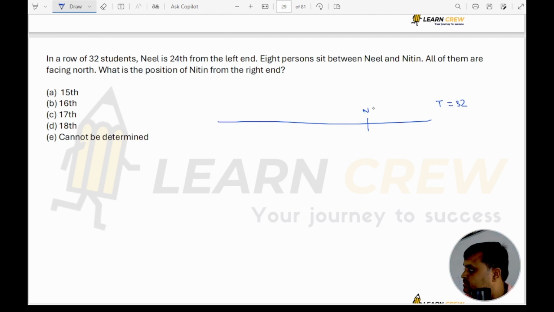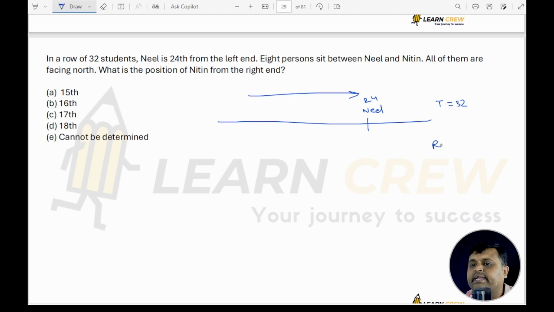Neil is 24th from the left hand. So from the right hand, Neil would be 32 minus 24 plus 1, which is 9.